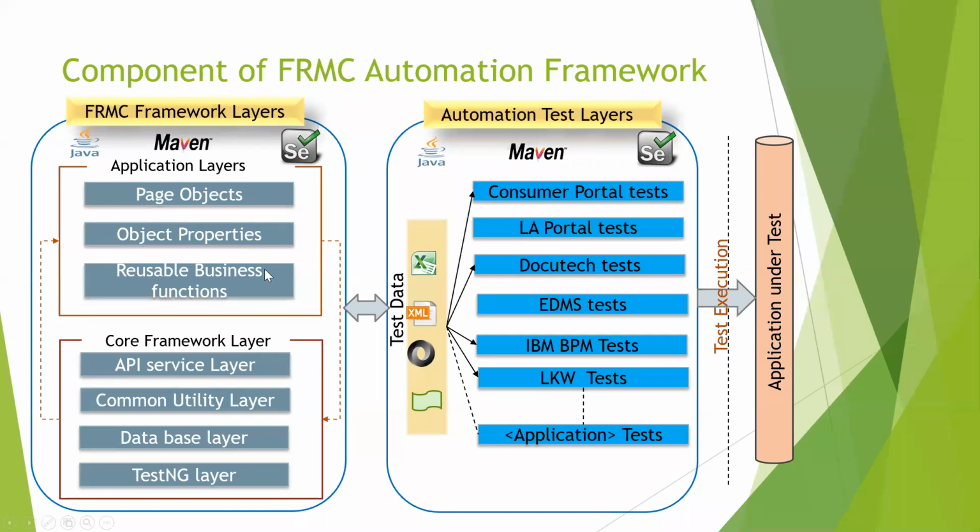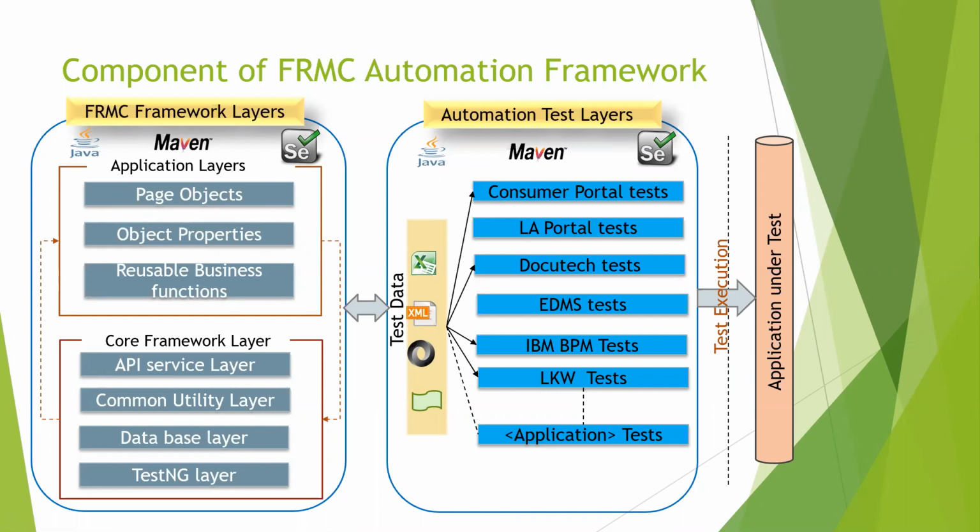If you go to this framework layer, we have page objects, object properties, and reusable business functions. These are Selenium and Java, which I'll cover later. Basically it's the same as the page object model, POM, so we have page classes created for each application. Object property is nothing but how to identify an object.